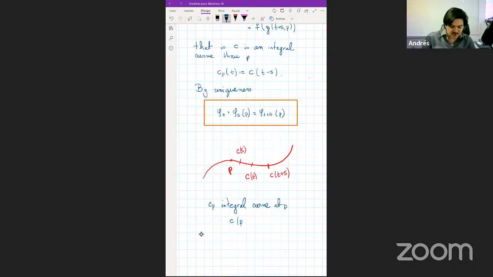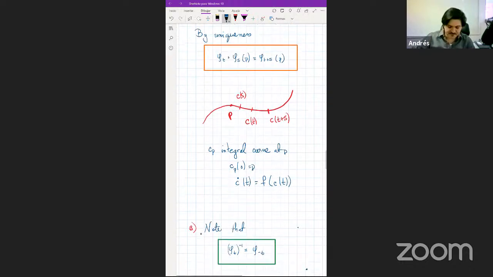So this at 0 equals p. And when I take the derivative at time t, I get the vector field like this. That's what we know.